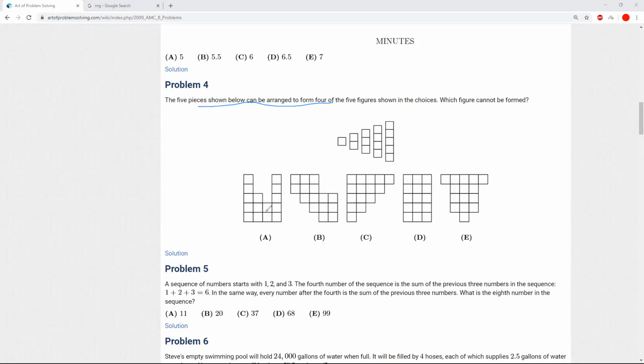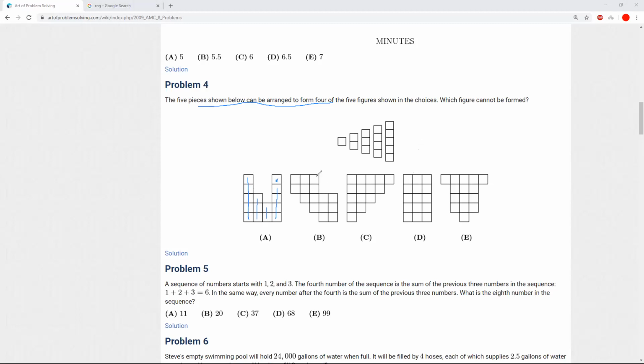So let's just go through each of them one by one. So let's try and find something for A. This one looks pretty long, so we'll just say this one's a 5, and this one's a 3, this one's a 2, this one's a 4, and this one's a 1. So A can be formed.